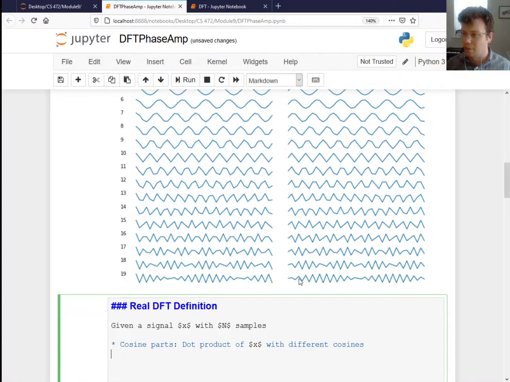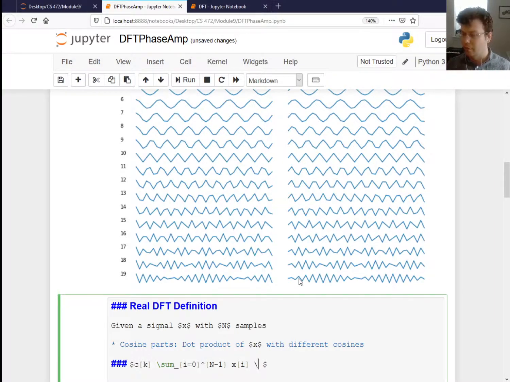In particular, if I write it out mathematically, C at index k, so the kth cosine, will be the sum from i equals 0 to n minus 1 of, so we're just going to do the dot product. So we're going to say x at index i times our cosine at index i.